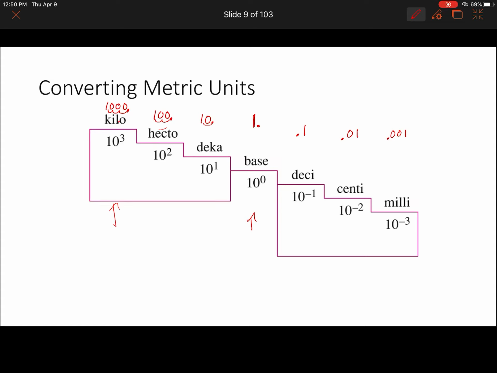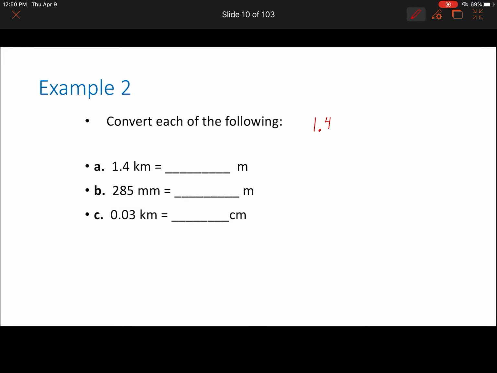So you'd have to move it 3 units to get it back down to a meter. So you got 1, 2, 3 decimal places. And so if we move our decimal place 1, 2, 3, putting zeros there, then this must be 1,400 meters, which you see there.